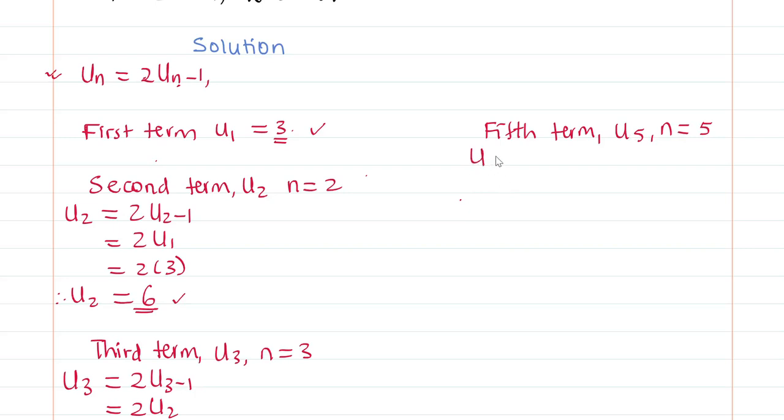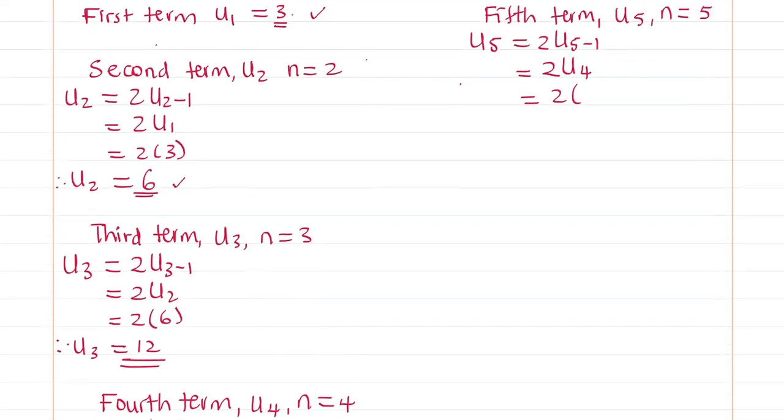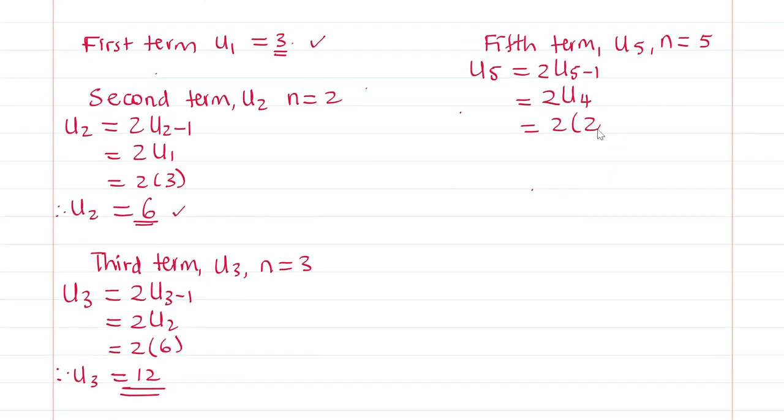So our u5 becomes, using the same formula, 2 u5 minus 1. This gives us 2 of u4, because 5 minus 1 is 4. So the 5th term is 2 times the 4th term, which was 24. So 2 times 24 gives us 48. So the fifth term is 48.